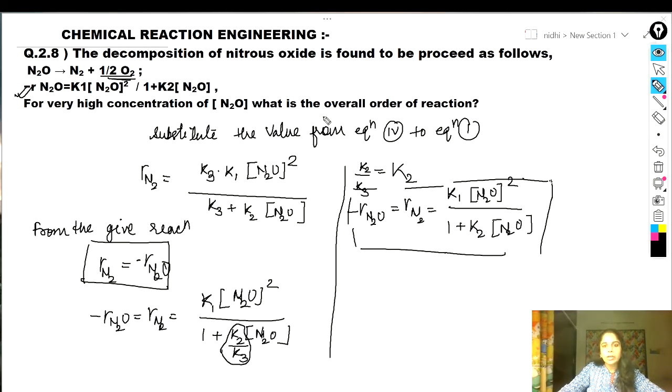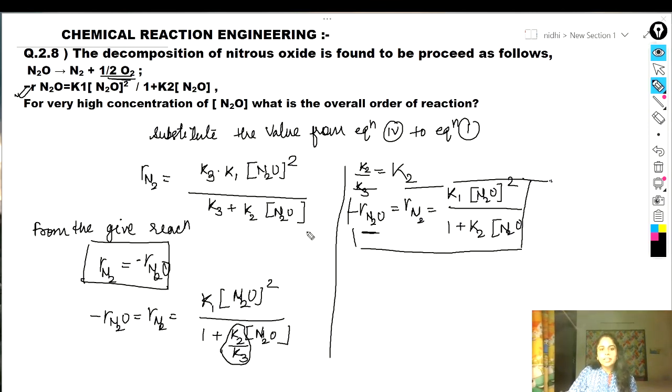Now, we need to find out the overall order of reaction. See, we need to consider two cases over here, because everything is depending upon the concentration of reactant. So, first case, at low concentration of N2O. In this relation, you can see if the concentration of N2O is low, then it is very less than K3, right?